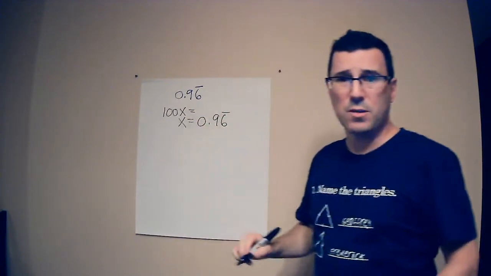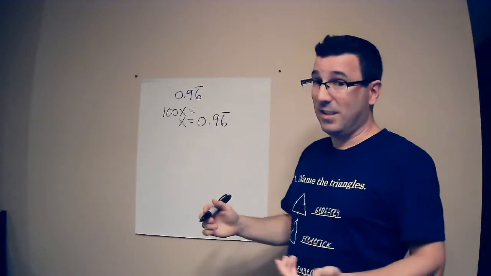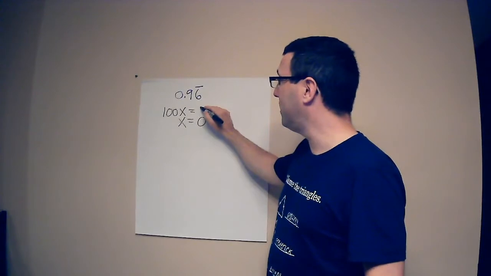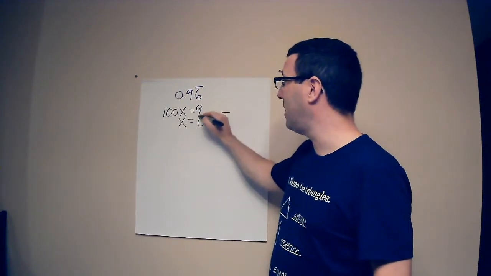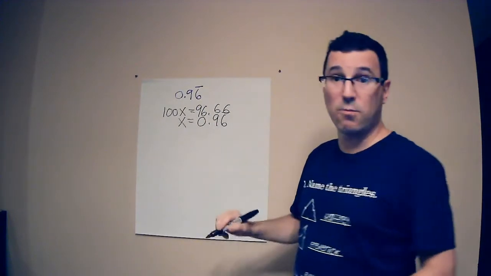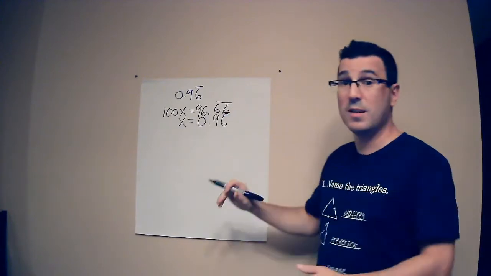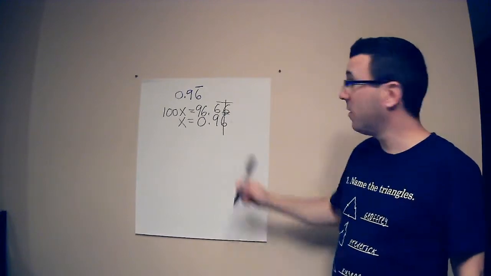Now you might be like, Mr. Oakes, we already did one like this, so how is this different? Here's where it becomes different. When I look at this, 100 times x becomes 96 point, and then I'm going to have the 6's repeat. So this is all going to repeat, this is all going to repeat. So these 6's are going to cancel out nicely.